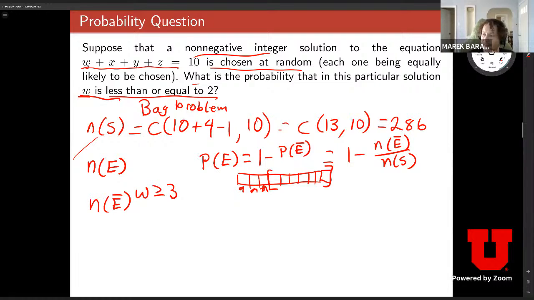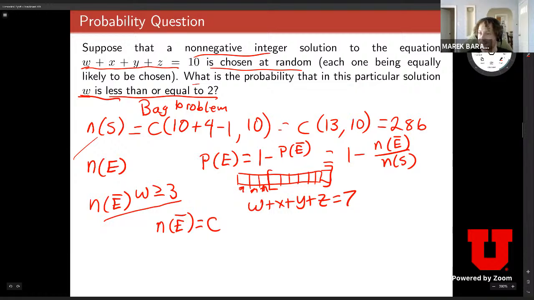So for counting this, we can say n of the complement equals a choose. We're now trying to find w plus x plus y plus z equals 7. Does that make sense to everyone?